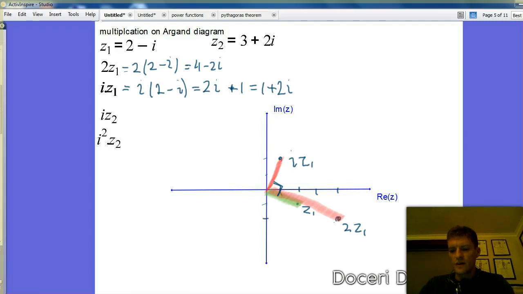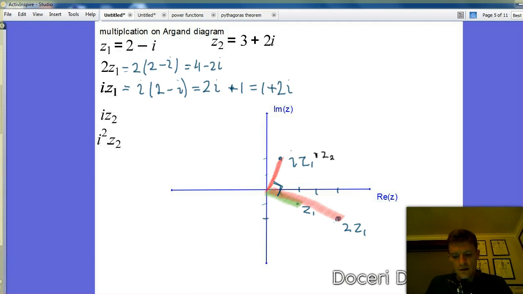Now, before we get too excited, let's see if that's going to work on z2, a different complex number. So first let's plot z2. z2 is 3 plus 2i. 1, 2, 3 plus 2i. It's about there. So that is z2.